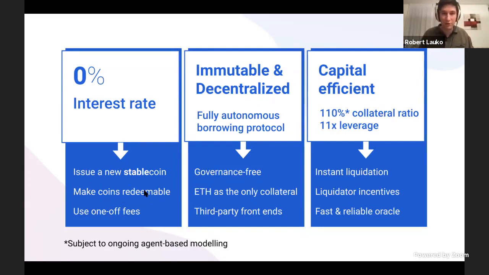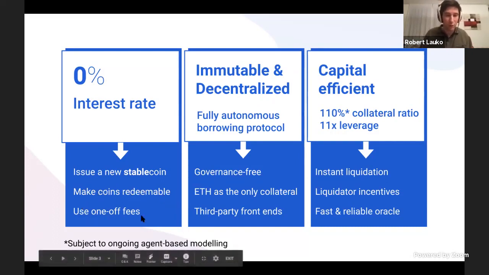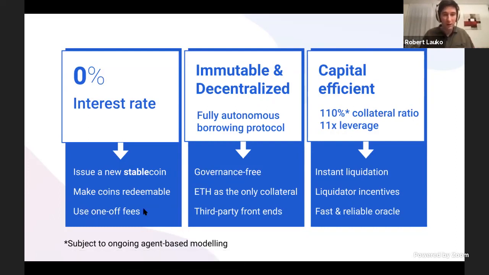So you can always get an amount that is equivalent to the face value of the stablecoins that you redeem. And this redeemability is coupled with a set of one-off fees, which, even though they are fees, are only payable at the beginning. So you are not subject to some variable fees as you would be with an interest rate.